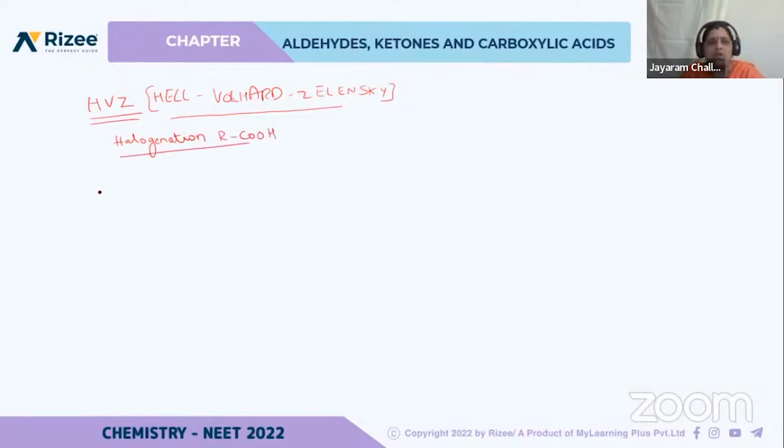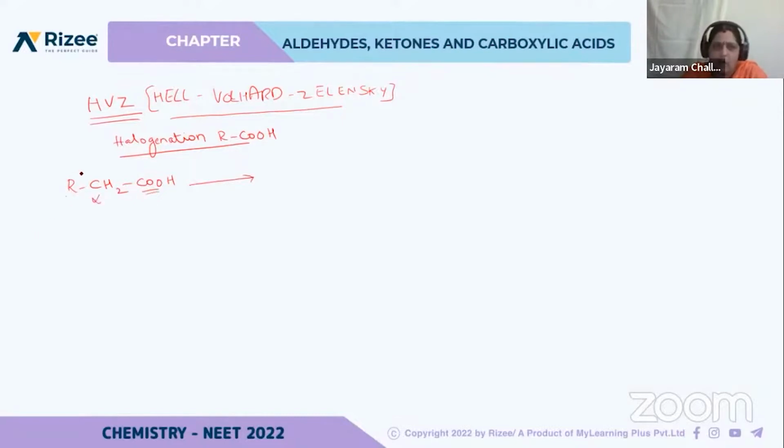So let's see what are the conditions and what is the mechanism behind this reaction. First let's see what is the reaction. Let's take any carboxylic acid, but few conditions are there for this. This is our functional group, C double bond OH. Next to that one, we'll call it as alpha.